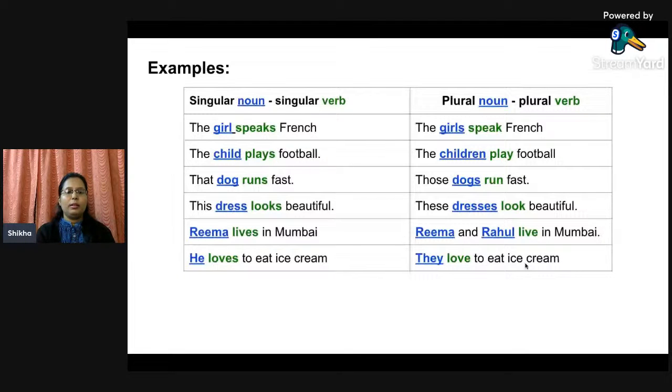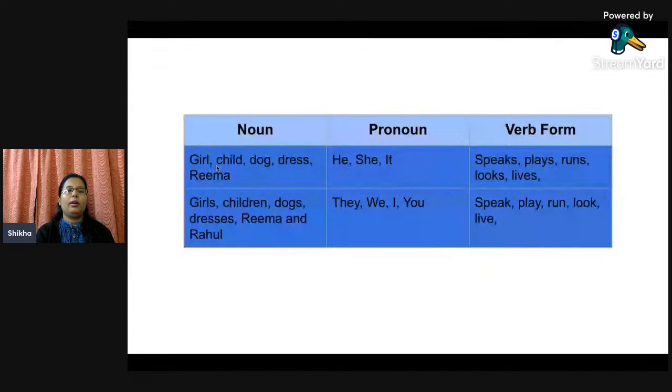So what is the structure of this noun and verb? In the above examples, the noun examples were girl, child, dog, dress, Rima. All these are singular nouns, isn't it? And the pronouns he, she, it, all these are third person singular pronouns. So if our noun is singular and we are using such pronouns, what should be the verb?